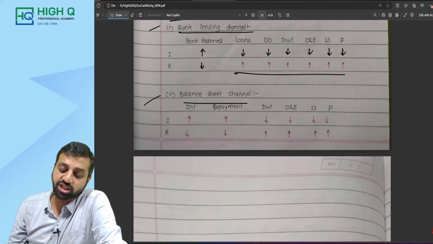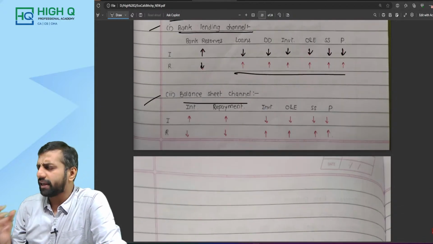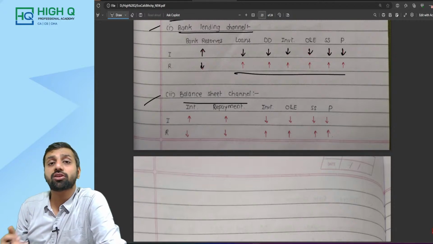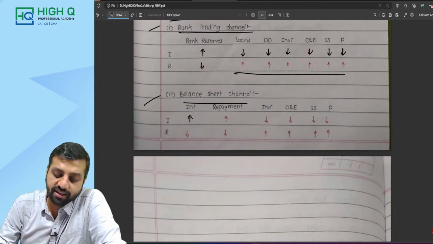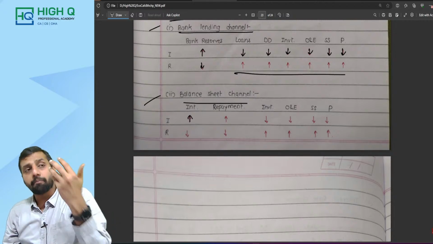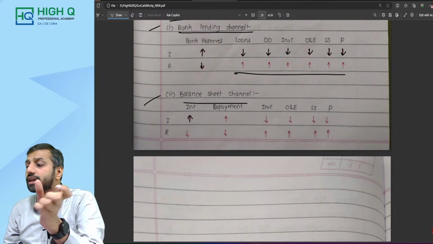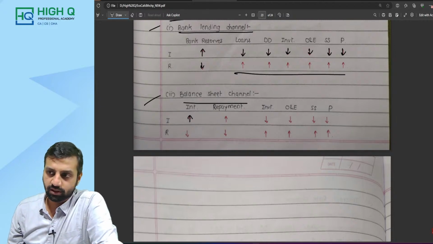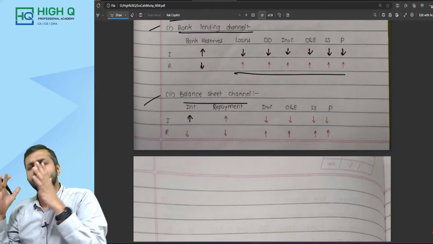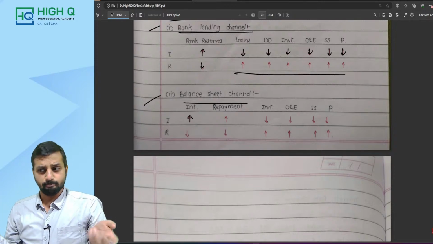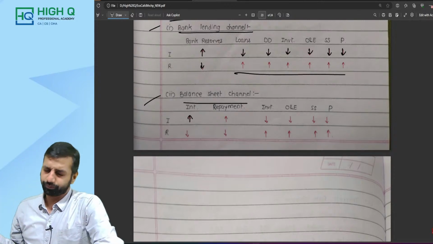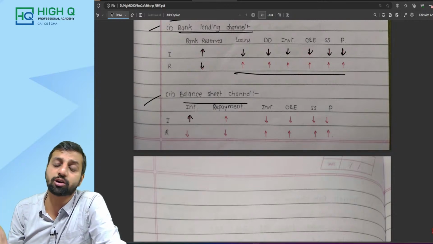Now, balance sheet channel. Your interest rate has an impact on the balance sheet of a company. Suppose a company has borrowed money on a floating rate of interest. That means if the rate of interest rises, their repayment of interest will also rise. If the interest rate falls, their repayment of interest will also fall.